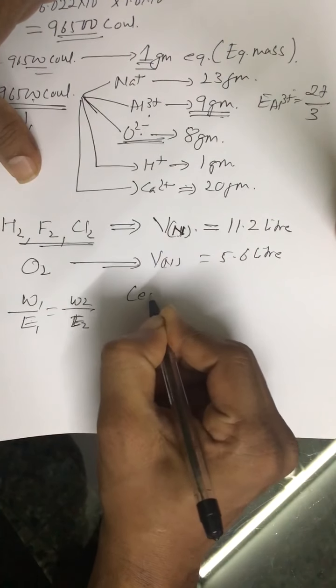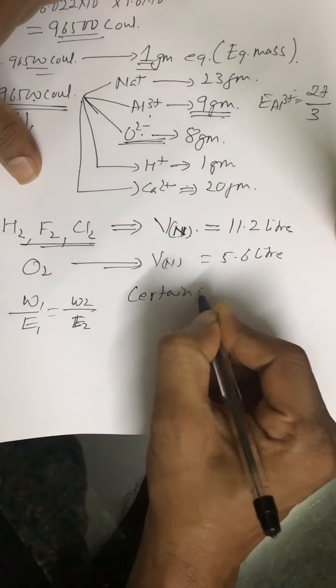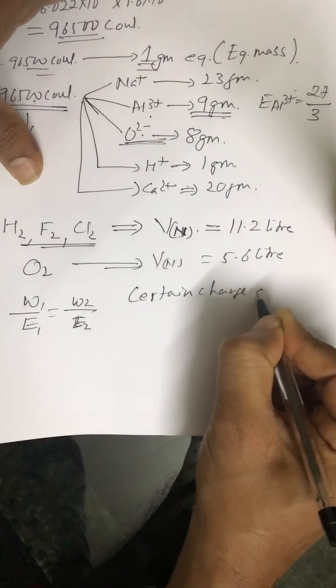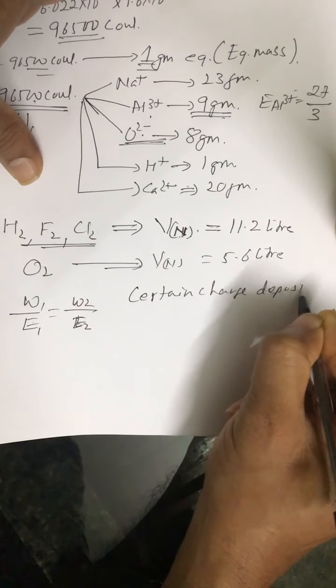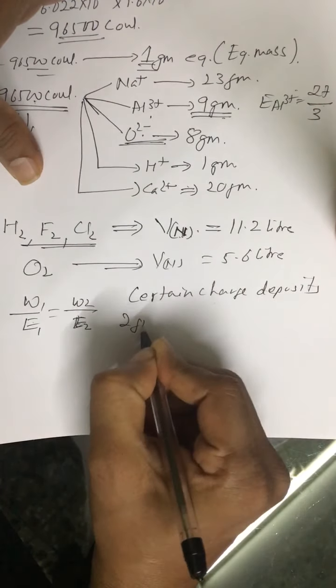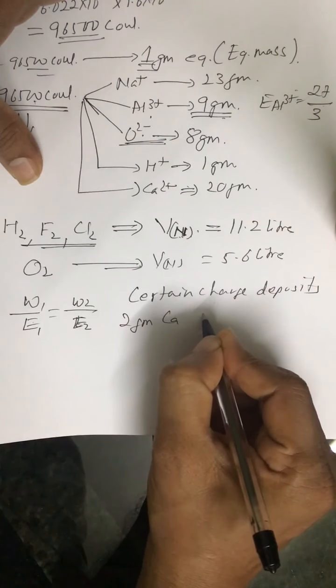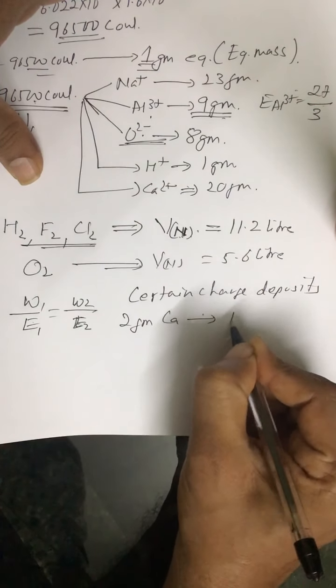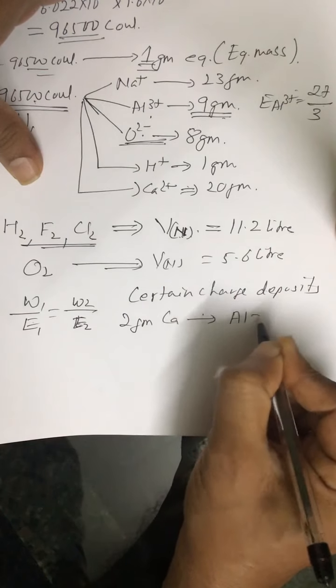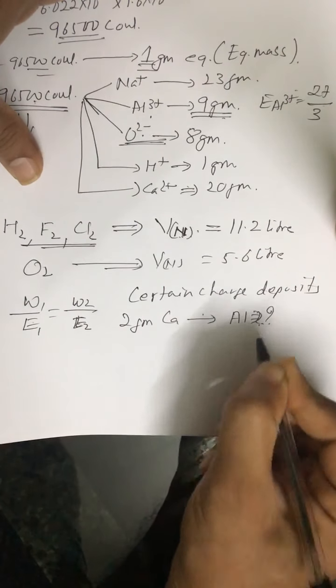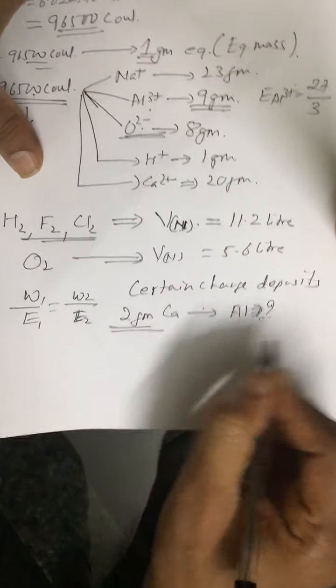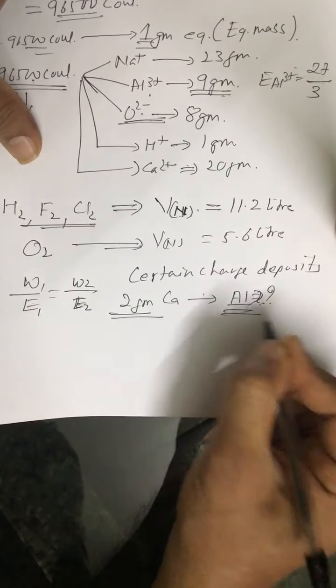Like the question will be: a certain charge deposits 2 grams of calcium. The same amount of charge can deposit what mass of aluminium? So one mass is given, the other mass is asked.